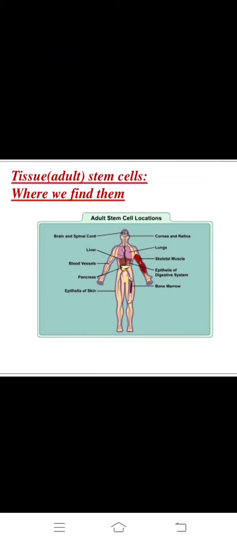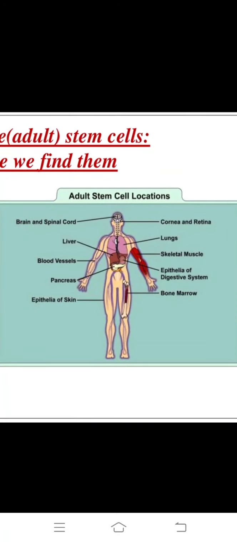Okay, tissue adult stem cells, where do we find them in the tissues? The brain adult stem cells are located in the brain and spinal cord. Another one is cornea and retina.